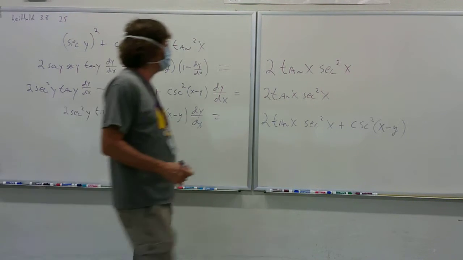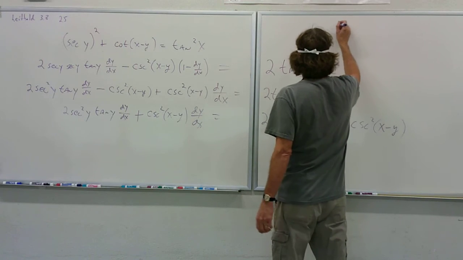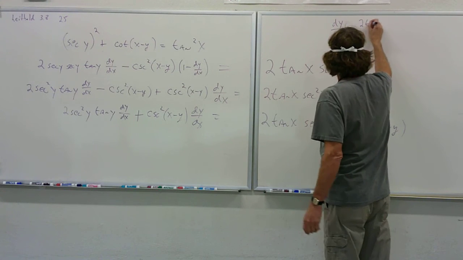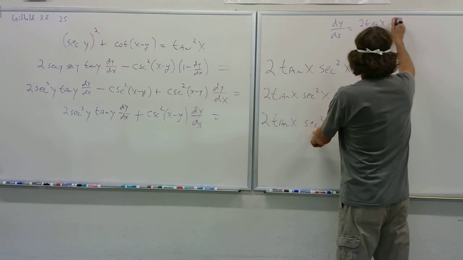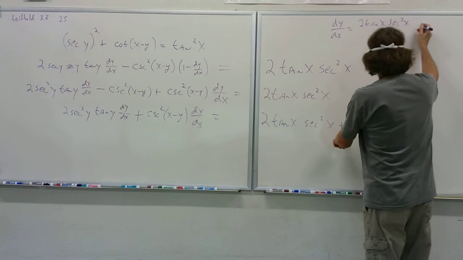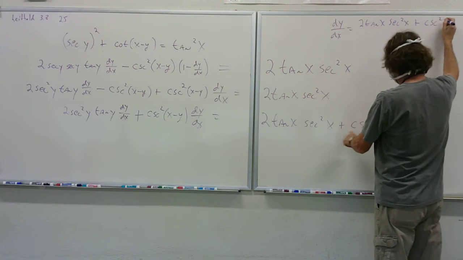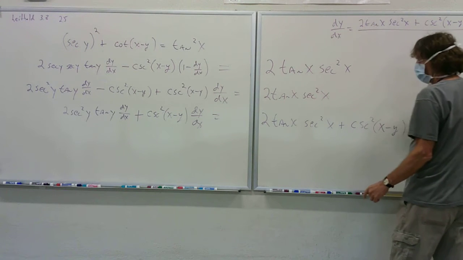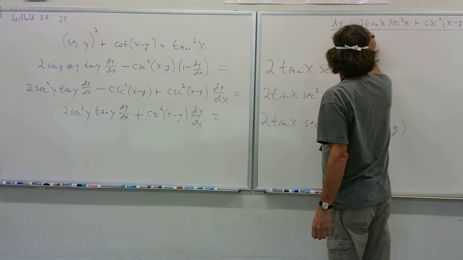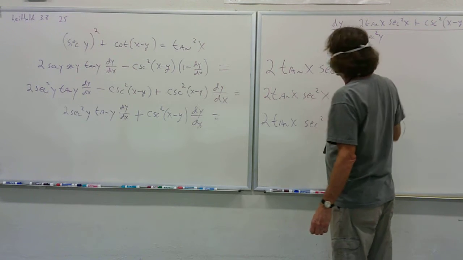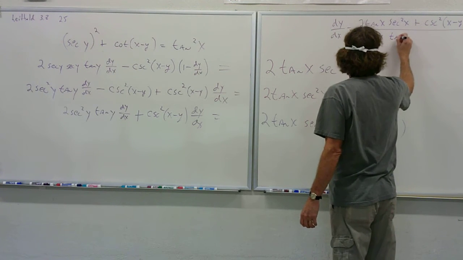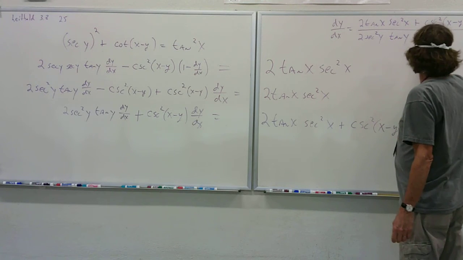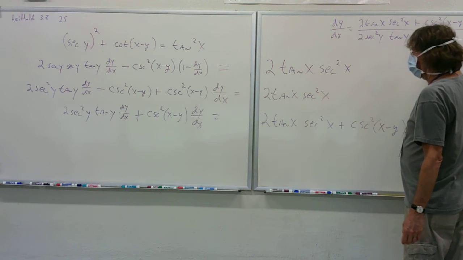And so dy over dx is going to end up equaling 2 tangent x secant squared x plus cosecant squared x minus y over 2 secant squared y tangent y. Well, I said you should have put those in the same order so they'd look pretty. Plus cosecant squared x minus y.